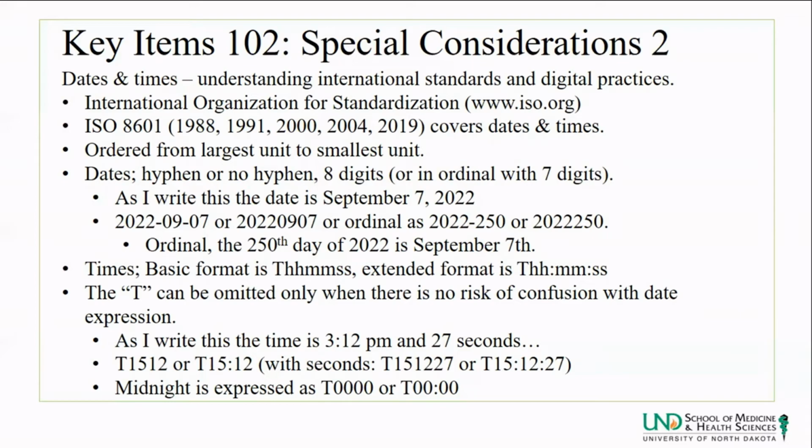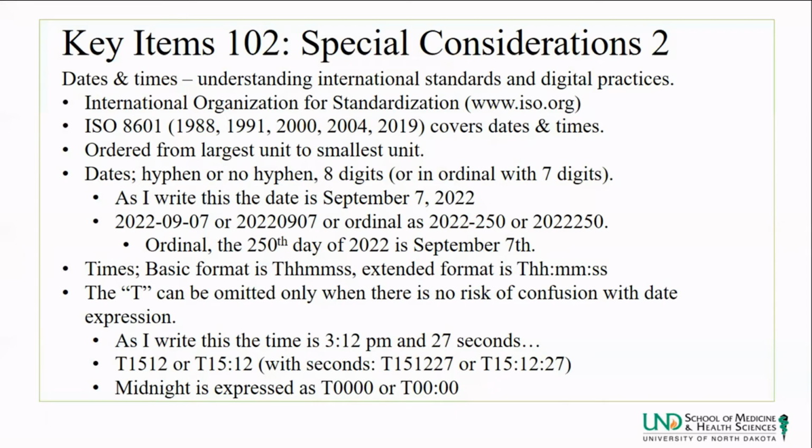The ordinal way to do it, and this is not terribly common, but it does occur, is to just have the year and then the number for that day out of the year, right? So 250 would be the 7th of September for the year 2022. So you can see it there.